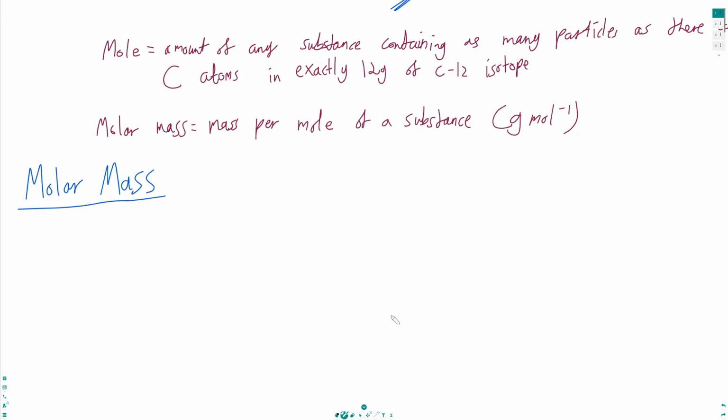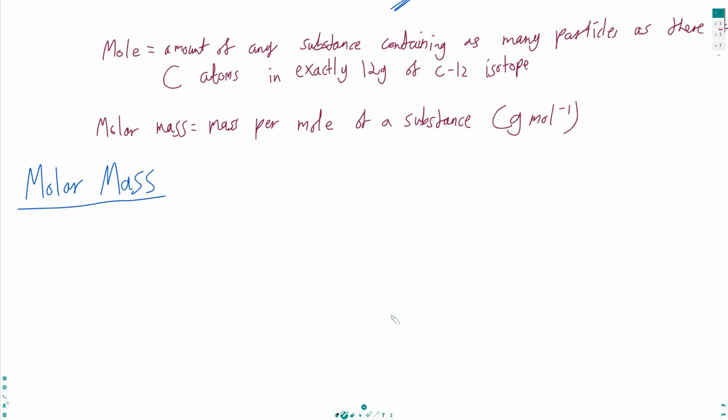It's a useful term and it can be applied to any chemical substance: elements, compounds, molecules, ions. You can find the molar mass by adding together all the relative atomic masses for each atom that makes up the formula unit.